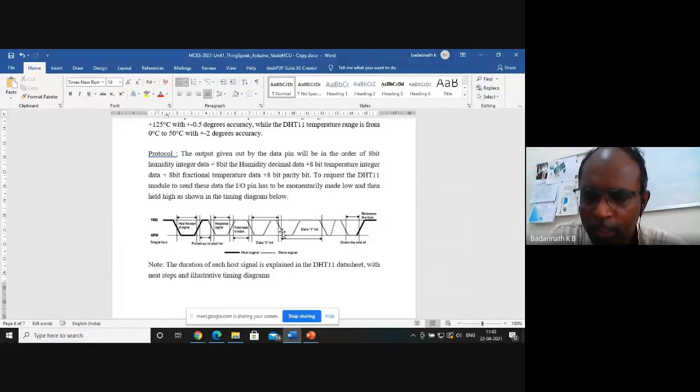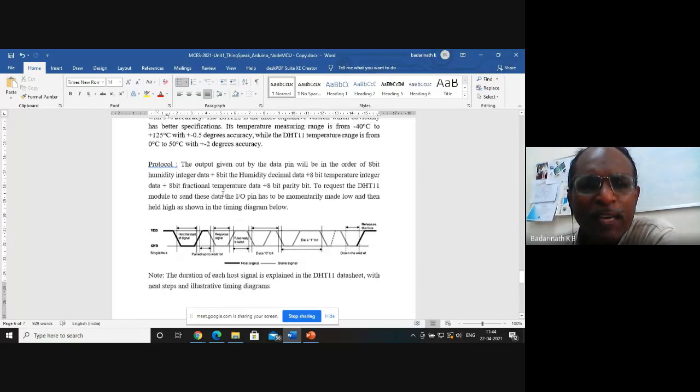For example, if you have a microcontroller and you don't have a library for the DHT11, how do you do it? We have to understand the working methodology of the sensor and establish the protocol to read the data, and implement a library on our own. We'll be learning that in units 4 and 5, how to establish it using timers and other things if there are no libraries. Today I'll be using a library, but before using the library, I'll explain the protocol.